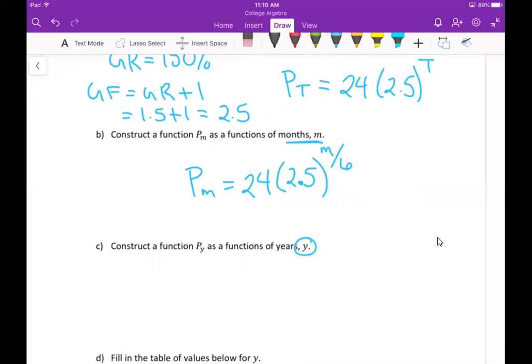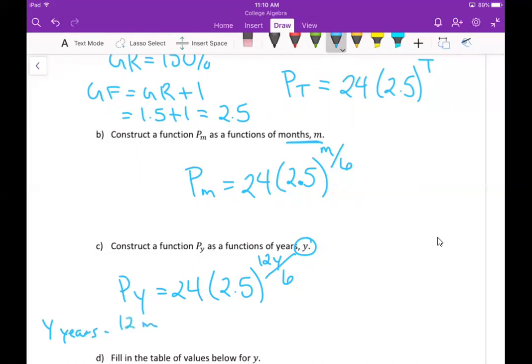So what I'm doing is every time I want to plug in a year, I'm using this same function, but I'm just converting the months to years. So I'm going to take 12 times my however many years have passed, and that will get divided by 6 to turn months into years here. Okay, that's because if I have Y years and I want to actually change that to months, then I'm going to convert it to months so I could plug it into my previous function.